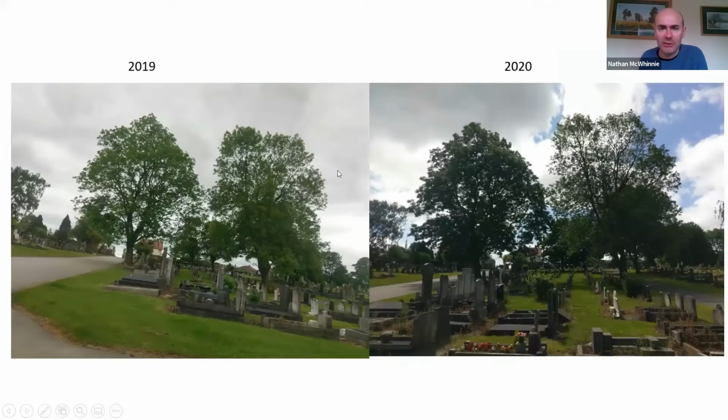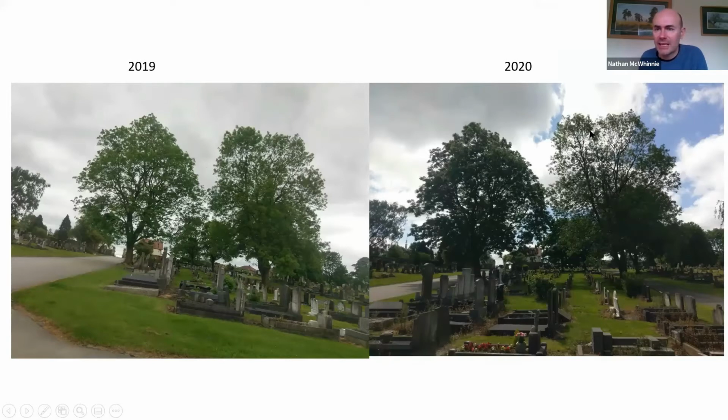So these are photos that, to be honest, don't give you a very good impression, but point up some of the problems of trying to record the decline. These two ash trees in Crookes Cemetery, you see them there on the left in 2019.